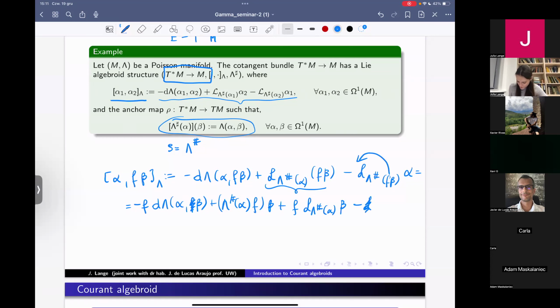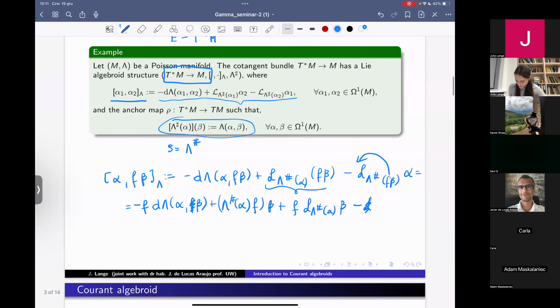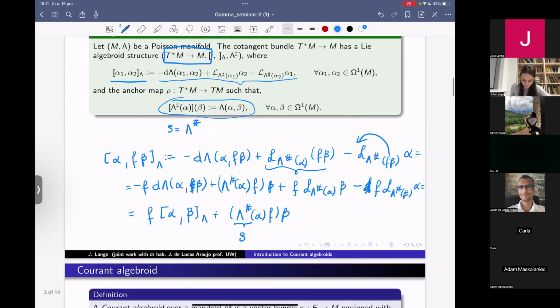Here the f goes outside of the Lie derivative. So what we obtain is this plus this term, and here this is our anchor map. That is a standard example of a Lie algebroid structure on a cotangent bundle.